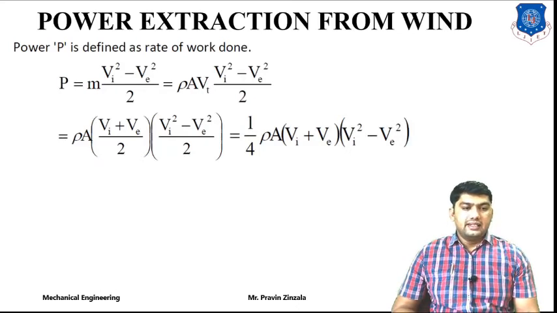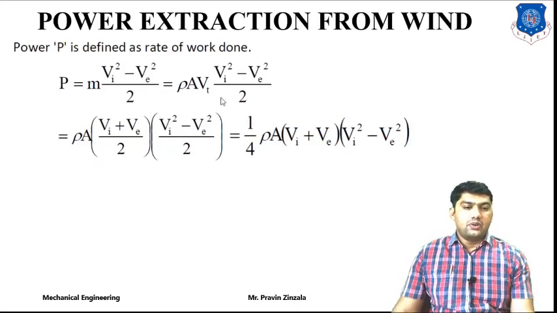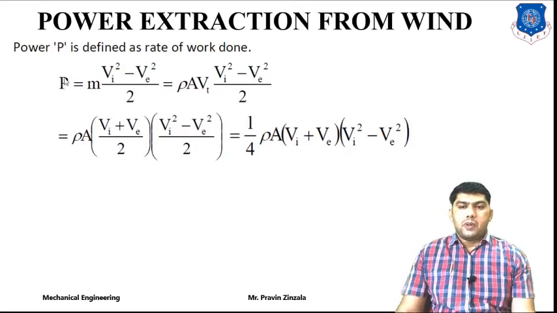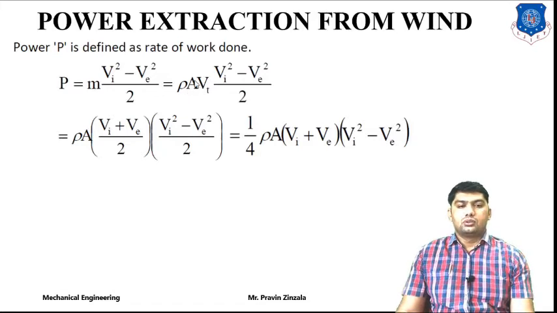Work is equal to the change in kinetic energy, and we are applying the boundary condition at the incoming and exit side. So the power is equal to the rate of doing work, meaning mass flow rate into kinetic energy, 1/2 m v square. Here we are taking the boundary condition, so Vi square minus Ve square, and the mass flow rate is equal to rho A Vt, meaning density into swept area into velocity of the turbine, or average velocity, into (Vi square minus Ve square) by 2.